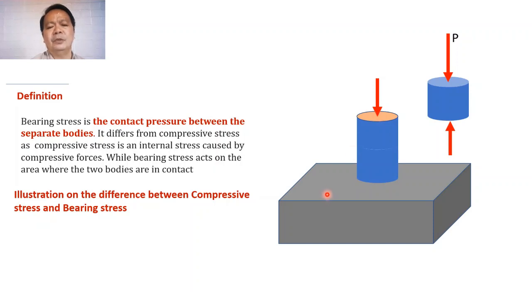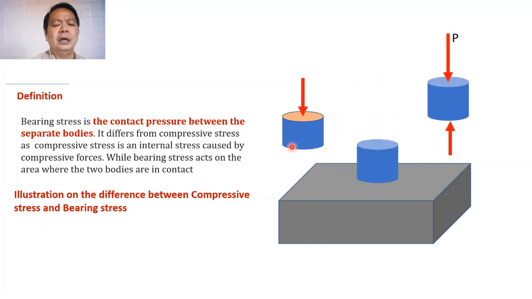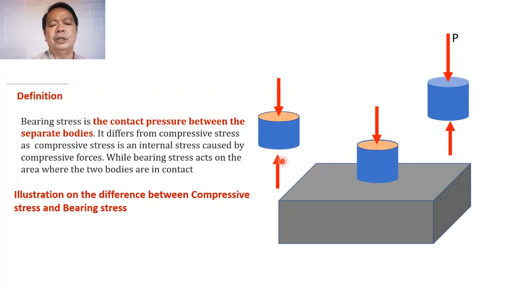Suppose that we try to pass another section somewhere below this cutting section, and try to isolate again the upper part of the exploratory section. Let us try to do it by isolating this. And you will notice that each part now is subjected to an internal load. The lower part is subjected to this internal load, as well as this part.